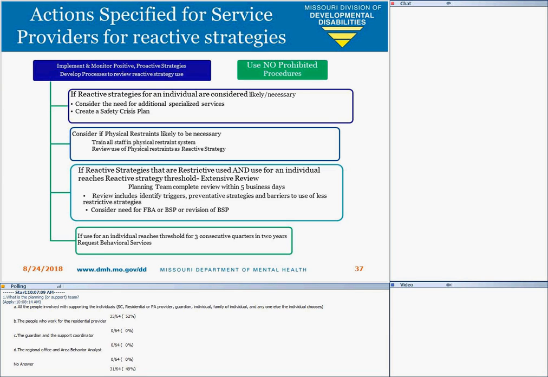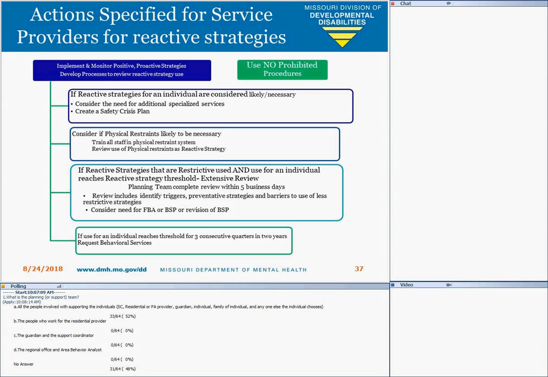So anytime you have to use a reactive strategy, especially if it's a restrictive strategy, your team should have already set up what we are going to do afterwards to review the use and see if it was used effectively, if it was used appropriately, if there's anything we need to change, if it worked the way we wanted it to, all those kinds of things. Make sure that everyone knows that we're not allowed to use prohibited procedures. That's very important. So that's an ongoing process you've set ahead of time.